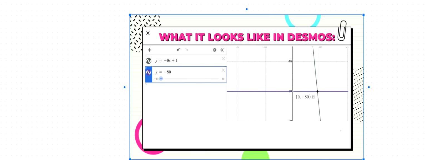Now look at the graph. I want you to expand the graph until you find the intersection point of the two graphs. You're going to have to scroll down a bit because the second equation is y equals negative 80. Do you see that?